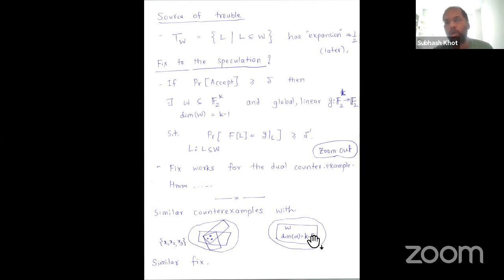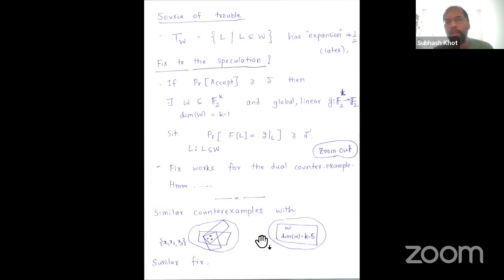Similarly, the dual counterexample you can extend by considering spaces which are contained in not quite a hyperplane, which would be dimension k minus 1, but a dimension a little smaller, like k minus 3 or k minus 5. So you could construct counterexamples using that, and you can even combine the two counterexamples.